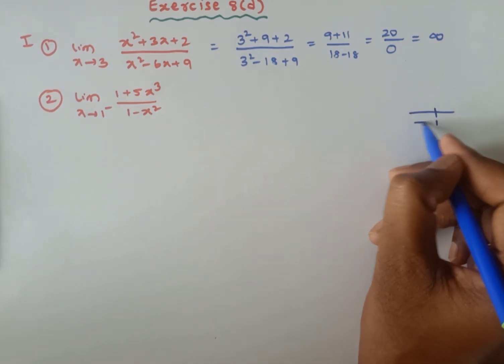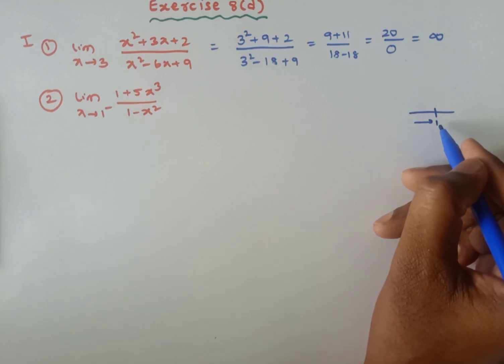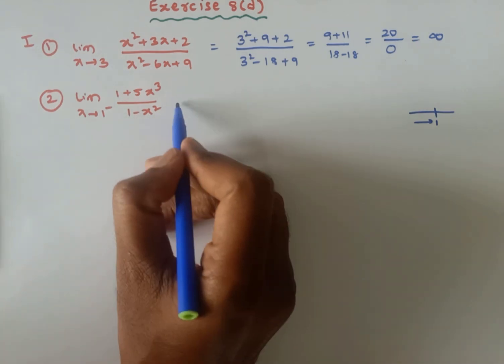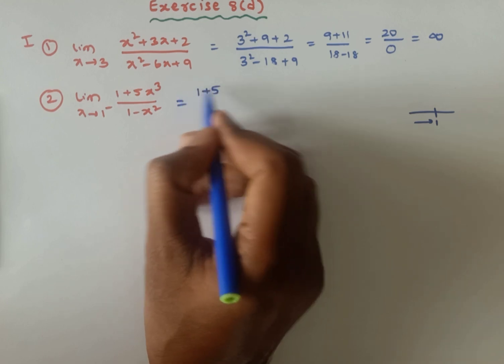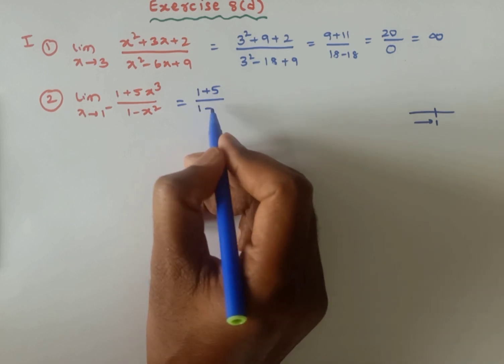As x approaches 1 from the right hand side, it is 1 plus, but here we need to find only 1 minus. Apply the limit directly: 1 plus 5 into 1 cube, that is 6, divided by 1 minus.